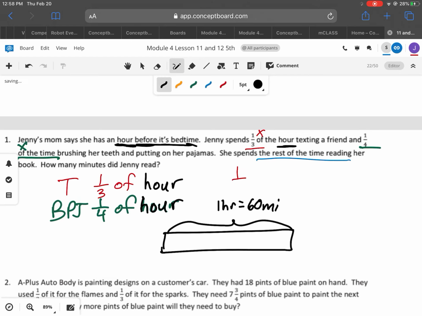We're breaking it up into smaller time, so it's 60 minutes. And we have thirds and fourths. Okay? We should know this by what we did before, that we have 1/3 and 1/4. They can be turned into 12s.